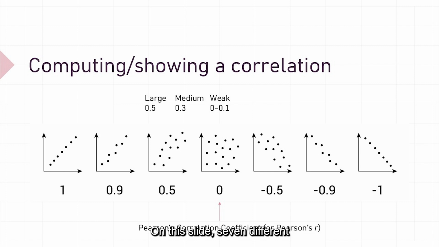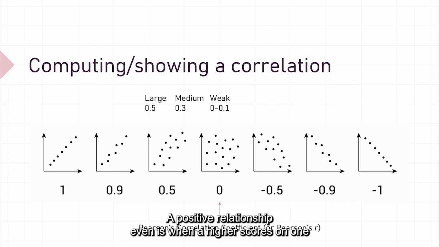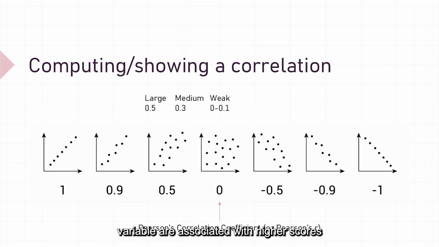Correlations between quantitative variables are often presented using a scatter plot. On this slide, 7 different scatter plots are presented. Each point on a scatter plot is the data from one participant on both variables. A positive relationship is when higher scores on one variable are associated with higher scores on the other variable.